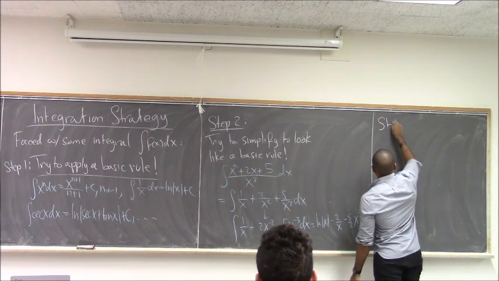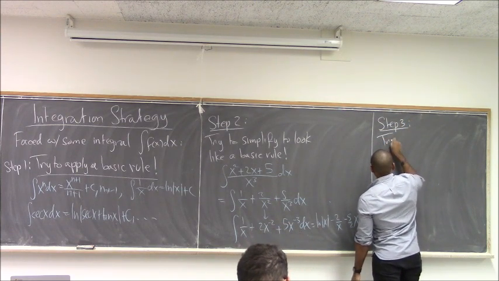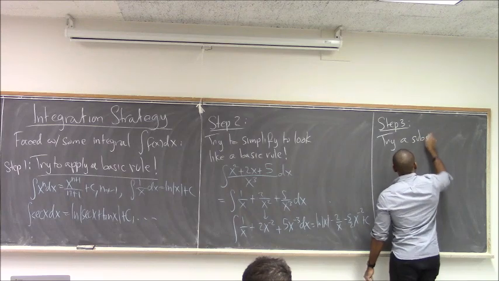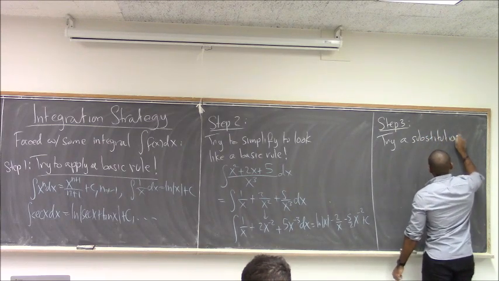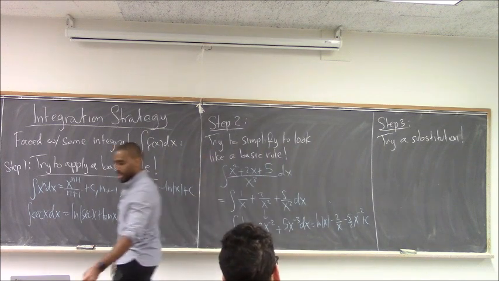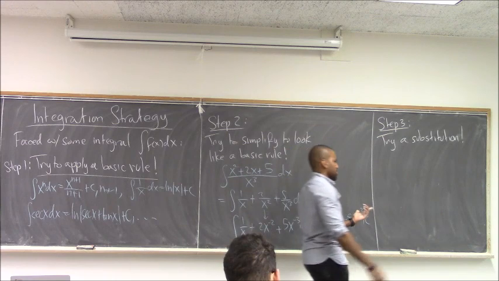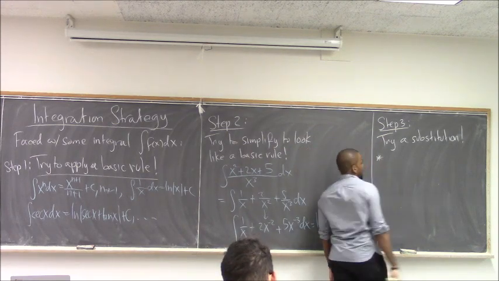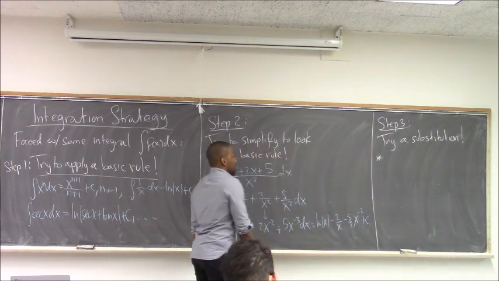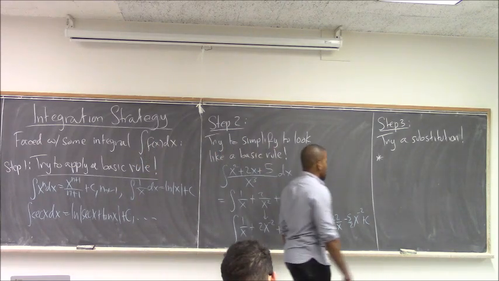Step 3, what is the third thing you always think? Substitutions. Try substitution. Now these are always the first 3 things that you will think about. One thing I want to say, again, I've said this before, but just to re-emphasize, this is not your Calc 1 garden variety substitution anymore.